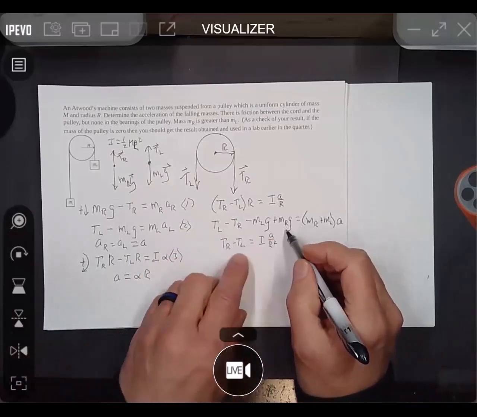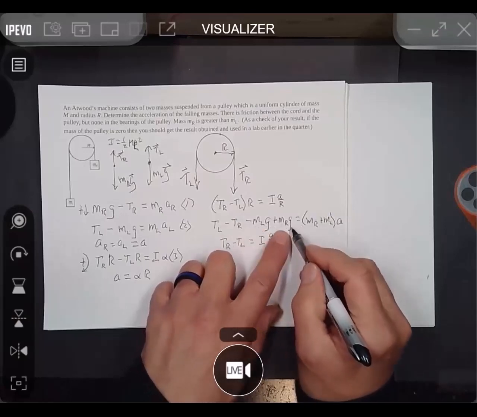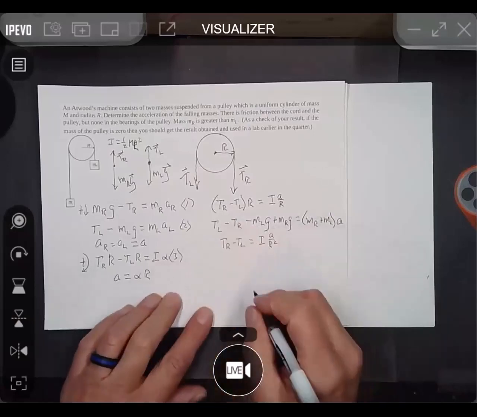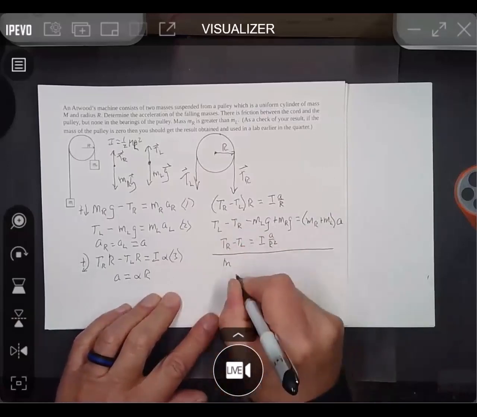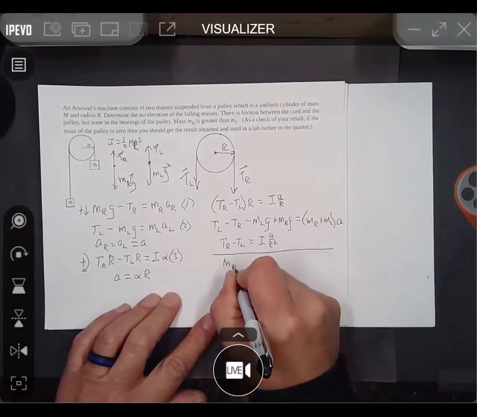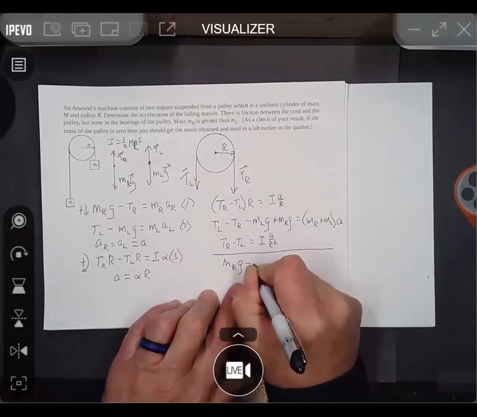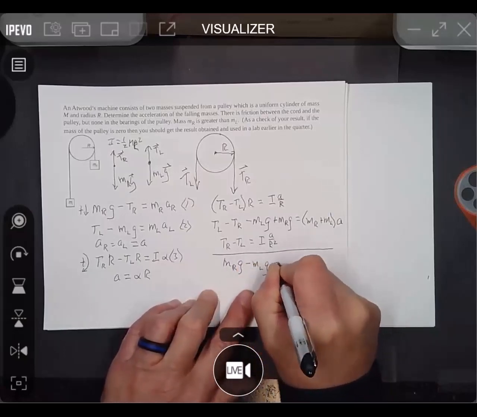And what I'll have left on the left side is just minus M sub L G plus M sub R G, or M sub R G minus M sub L G. So I added those two together. Sometimes you have to monkey around to try and eliminate things, and that's the case here. So I'll have that.